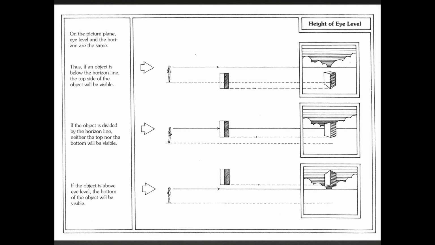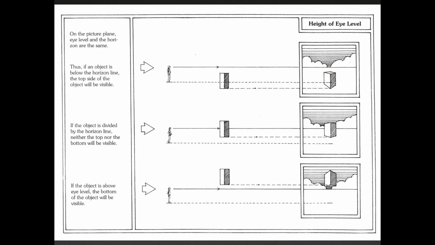And if the object that we're trying to represent is situated lower than where it appears on the horizon line relative to our viewpoint, then we're going to see the top of it.